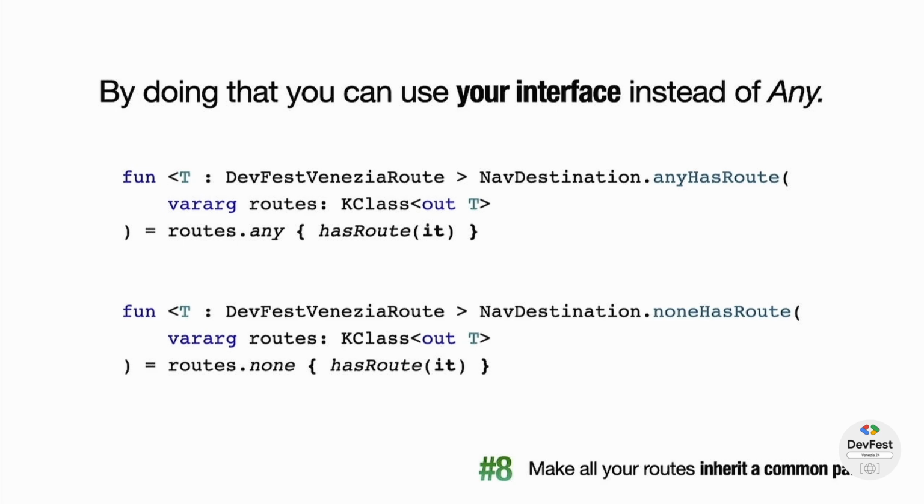So for instance, in navigation compose, we have hasRoute that takes a route and lets you know if the nav destination is that route. So I wrote an extension function to be able to check for multiple using a vararg, right? So then here I can specify my generic type to be my common parent of the routes instead of just T inheriting Any or anything like that.